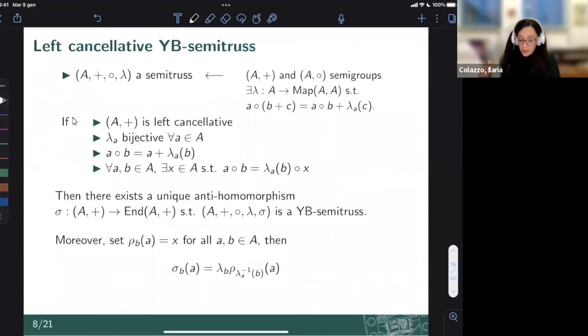This is just lambda_B rho lambda inverse A of B of A. So we see that we have fewer conditions to verify. In particular, if we have this condition that links together the sum, the circle operation, and the lambda map, then we get the sigma map for free.